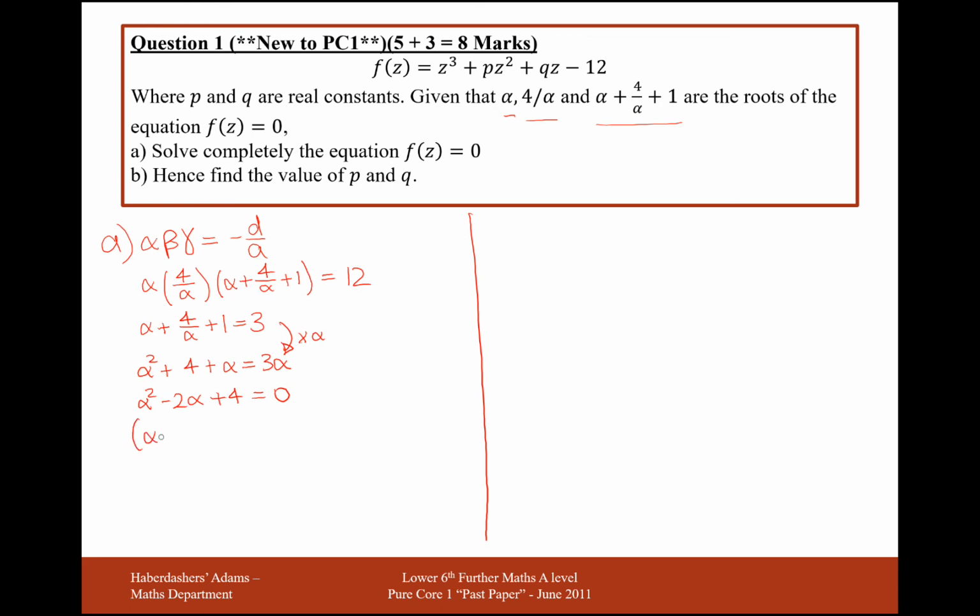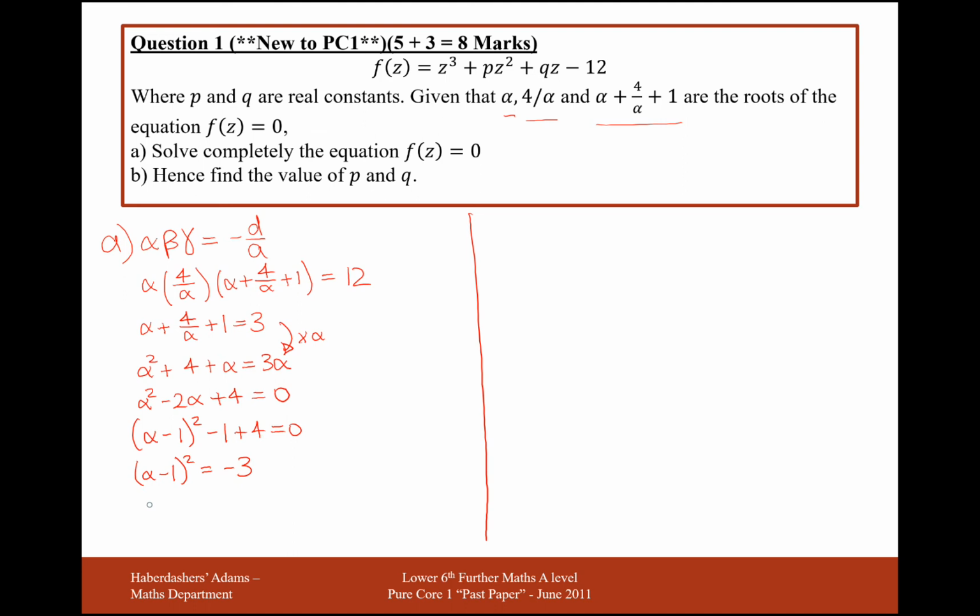For this I think I'll use completing the square. Alpha minus 1 squared minus 1 plus the 4 equals 0. So alpha minus 1 squared will equal minus 3.